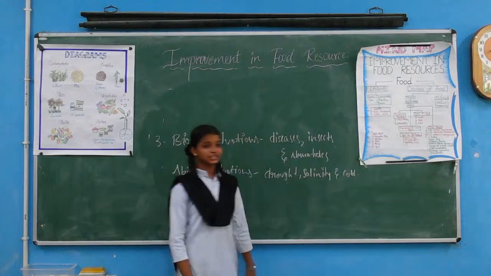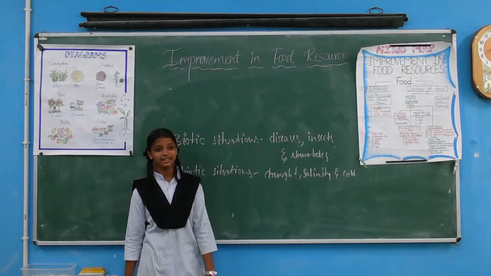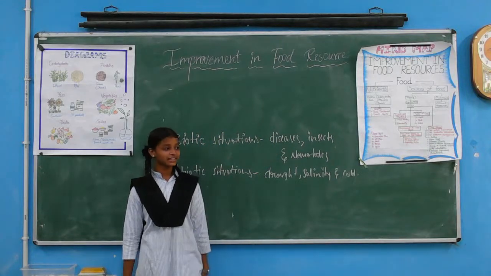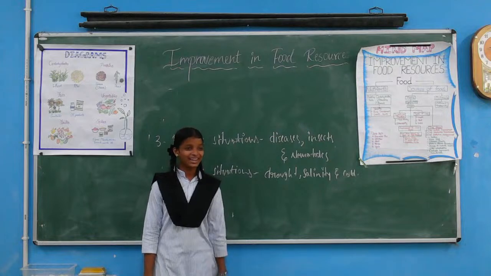The biotic situations are diseases, insects and nematodes. The abiotic situations are drought, cold and salinity.